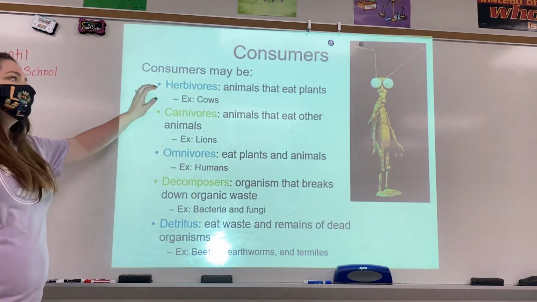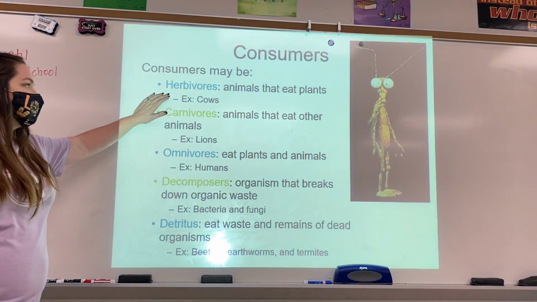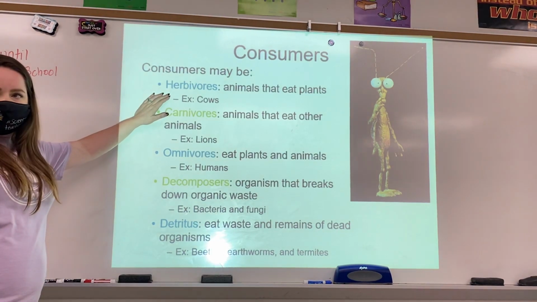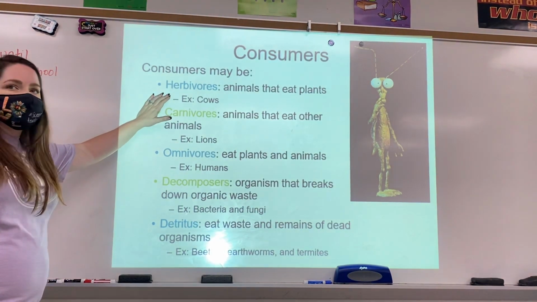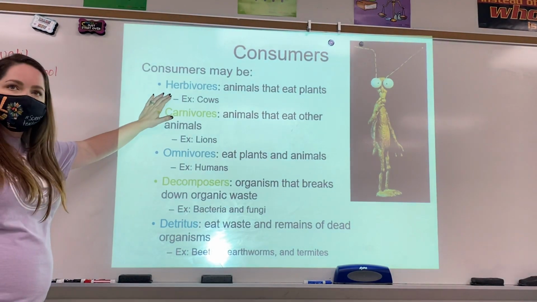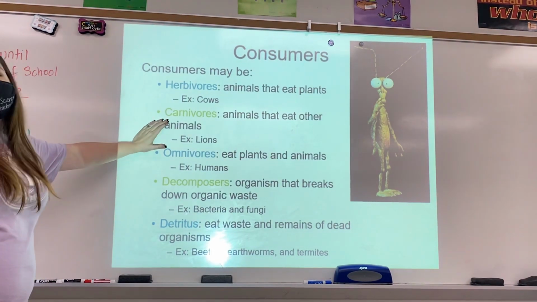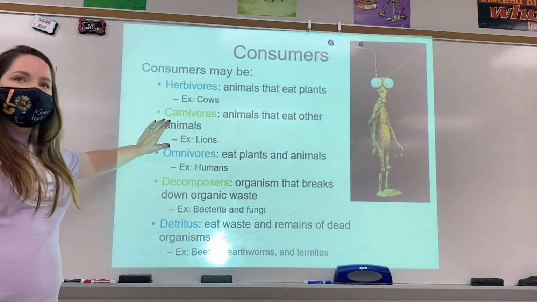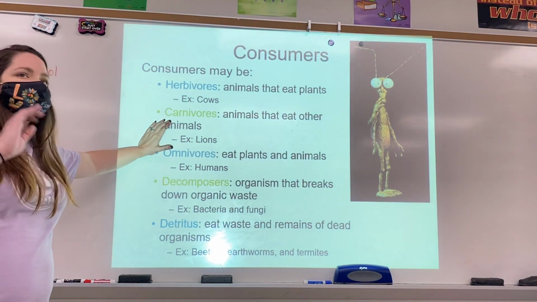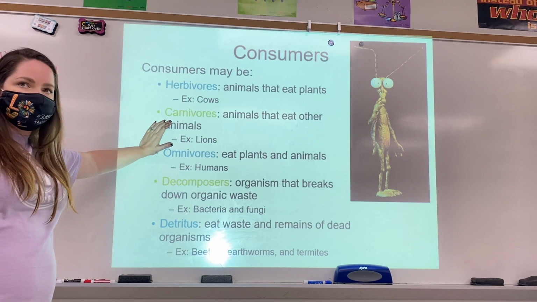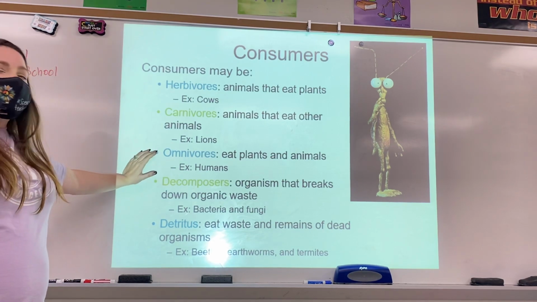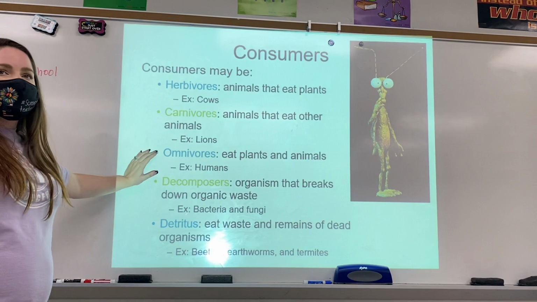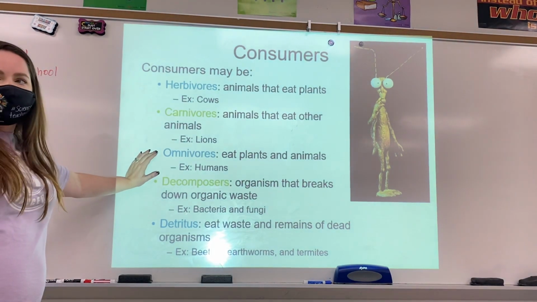If they strictly eat plants, they are called herbivores. Only plants, nothing else. If they only eat other animals, or only eat meat, then they are known as carnivores. Strictly only other animals. If they eat both animals and plants, they are called omnivores. That's what we are.